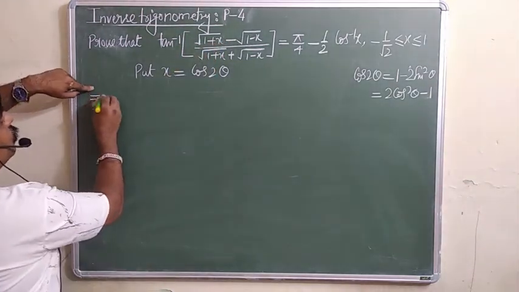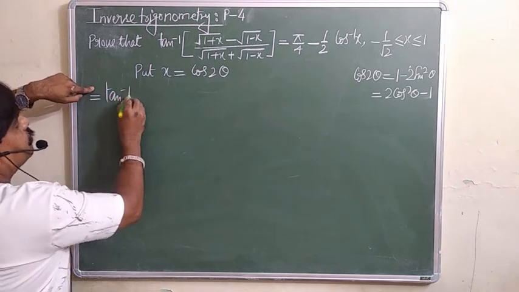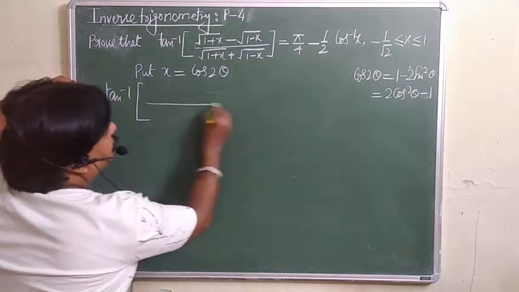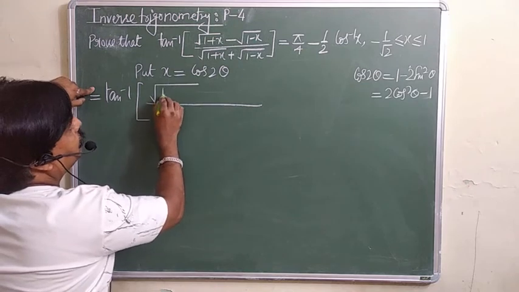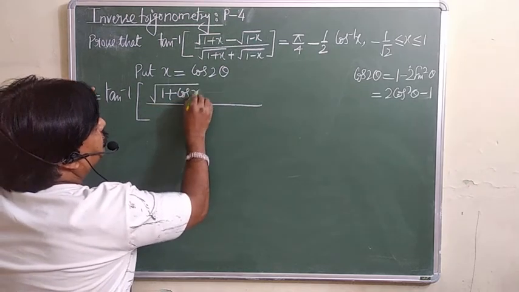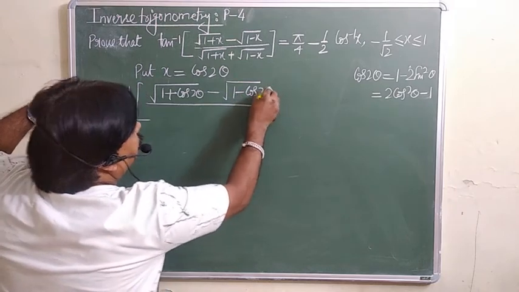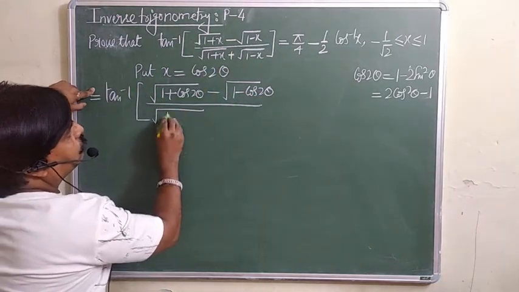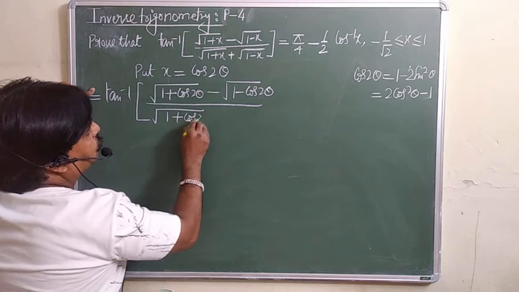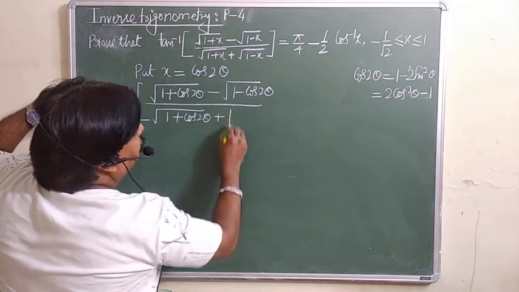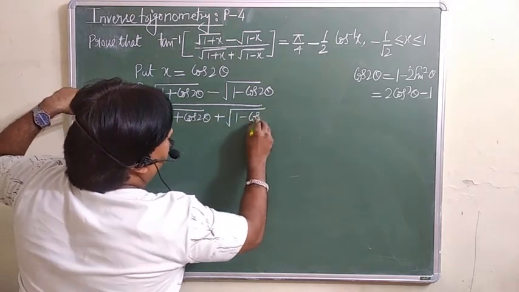What you will get now on the left hand side is tan inverse of under root 1 plus cos 2 theta minus under root 1 minus cos 2 theta, over under root 1 plus cos 2 theta plus under root 1 minus cos 2 theta.